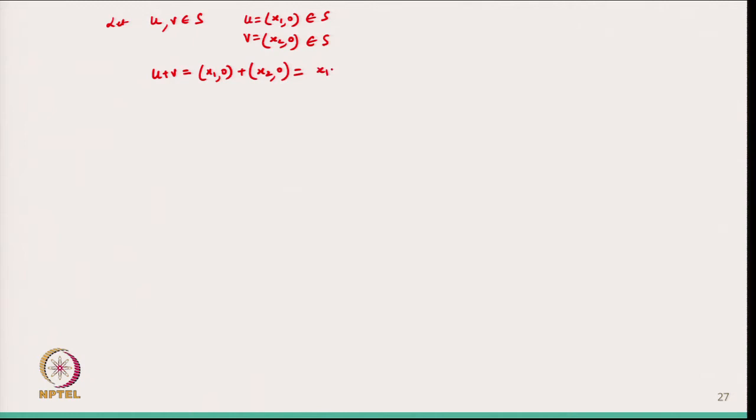This is going to be (x1 plus x2, 0) by the usual addition, and it also belongs to S, because it is some real number and this is 0.